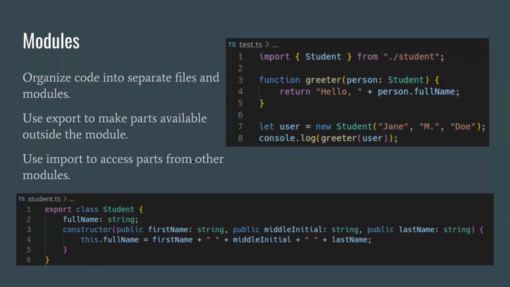And this keeps the code base clean and well structured. So you can see here, student.ts, we have a Student class, and we can export the Student class from student.ts and import Student from test.ts.